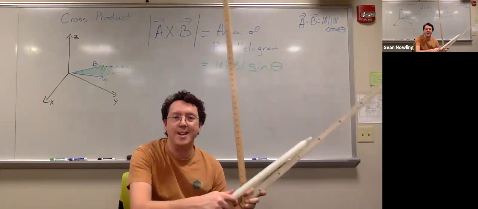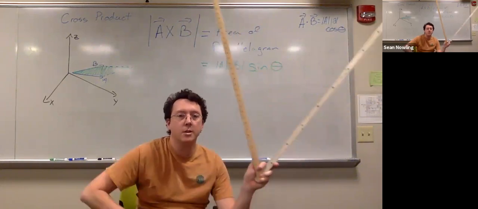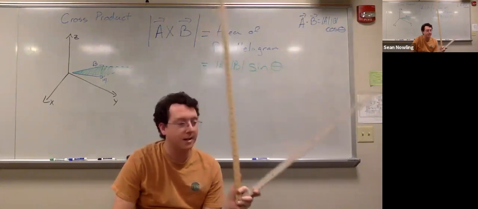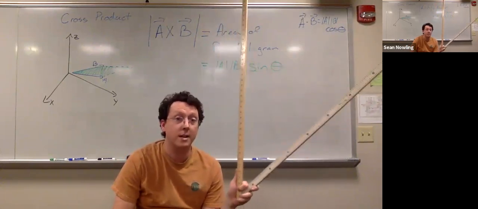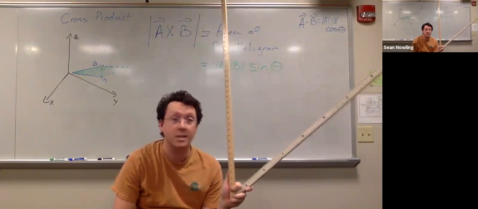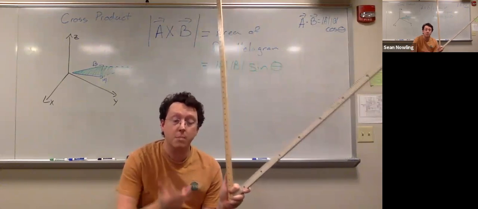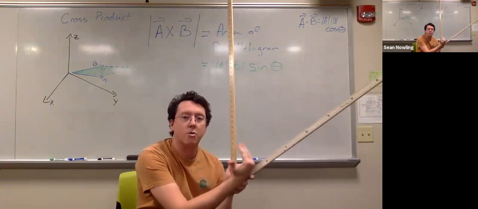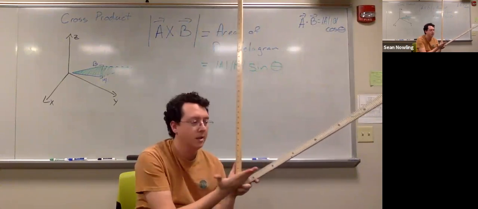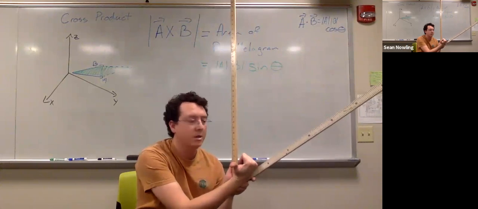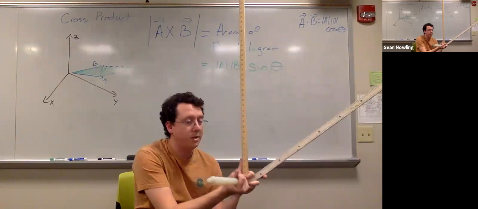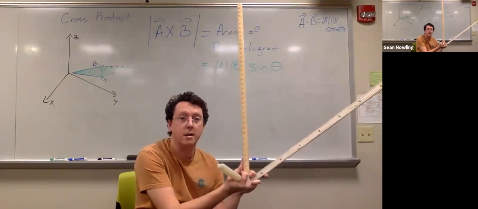I've got A cross B. So I take my right hand. Don't use your left hand. If you use your left hand, it comes out exactly wrong. It comes out with a minus sign. A cross B. So it ends up going into your eye. A cross B, and the answer is into your eye.